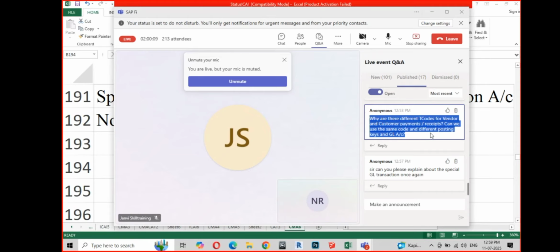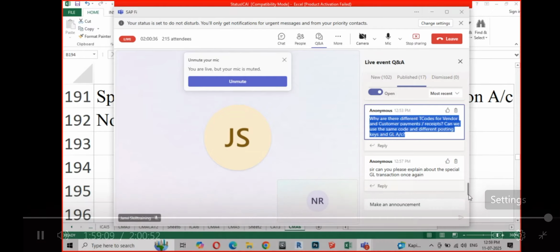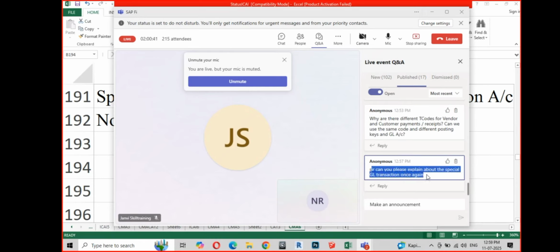Suppose I'm making a payment to Messrs A Limited and I'm receiving a payment from another customer, Messrs B Limited. Can I include both of them in one transaction code? I cannot. Okay, special GL transaction, I will do that.